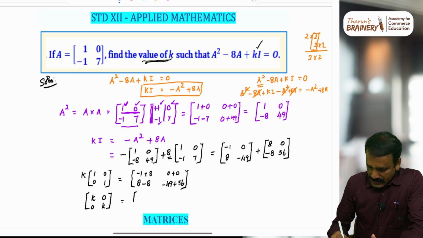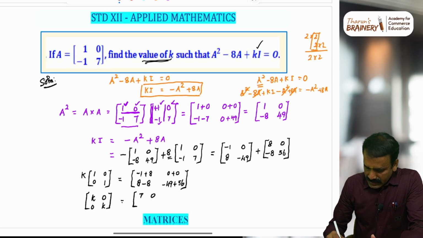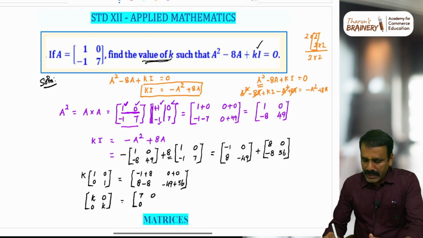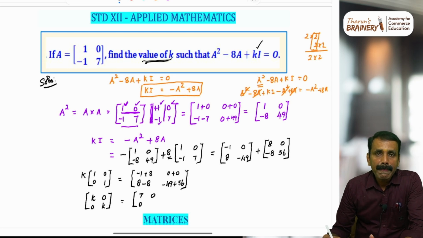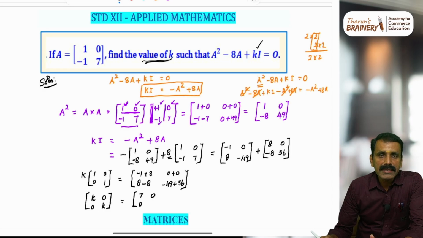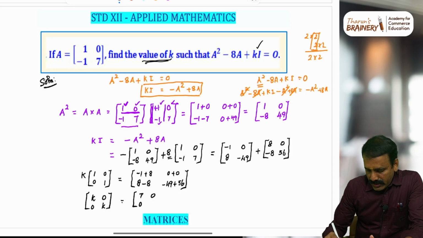Simplify this expression, minus 1 plus 8, we are going to get 7, 0, 0, minus 49 plus 56, different symbols, so we have to subtract the smaller number from the bigger one. So you are going to get 7.